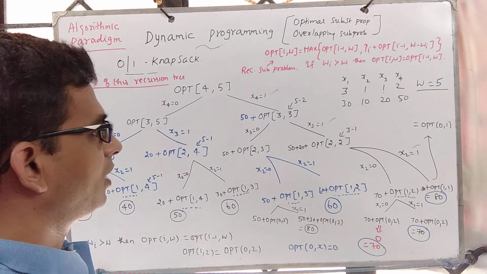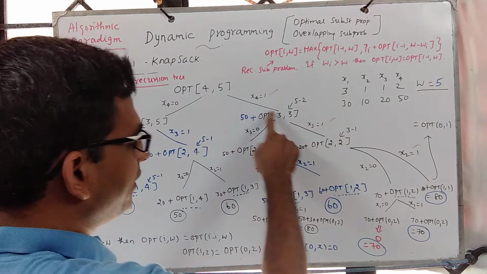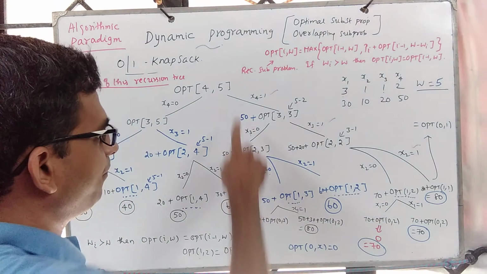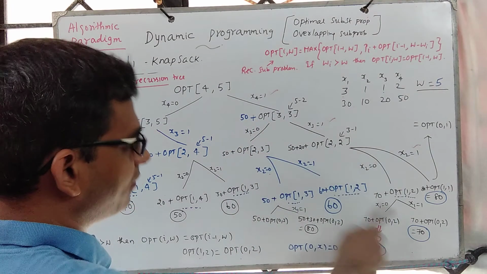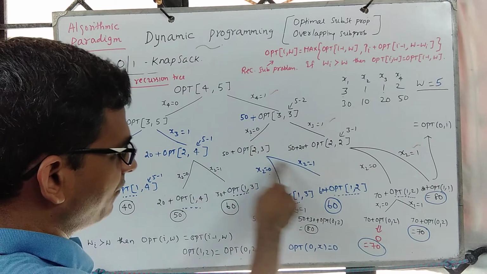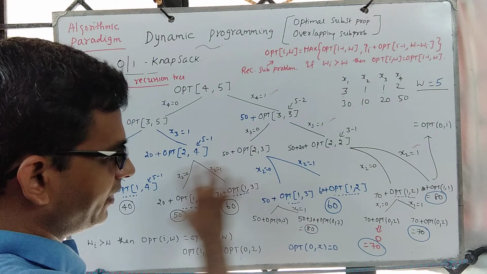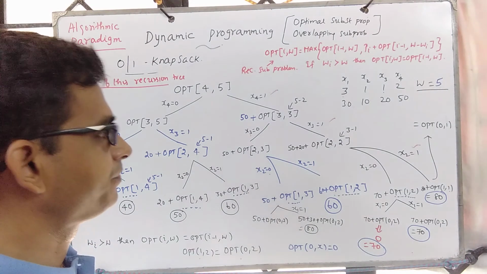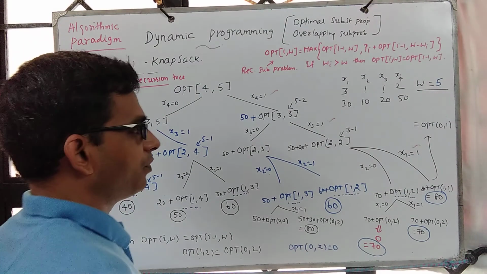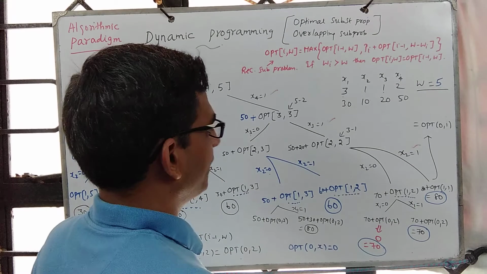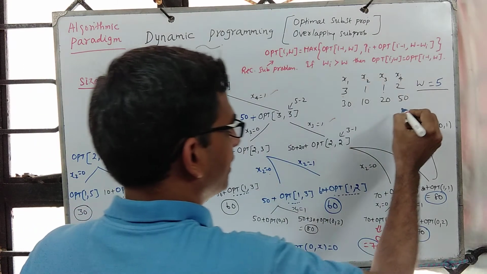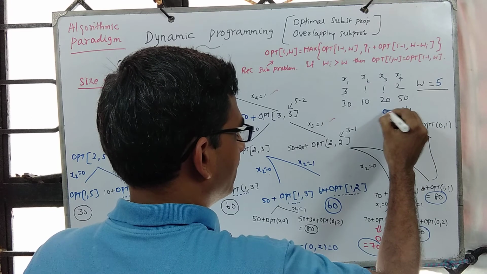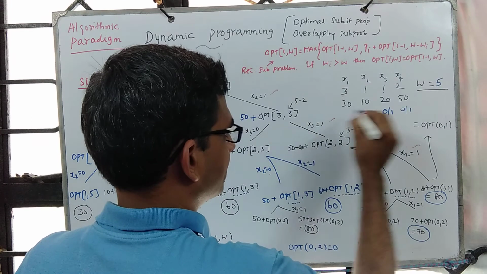Correct? Now this branch will tell you one possible feasible solution. This one will tell you another feasible solution. This one will tell you a third one. So like that each branch will tell you one feasible solution. Now you can look at it this way. At the first level we are looking at possible values for x4. With that we are looking at possible values for x3.